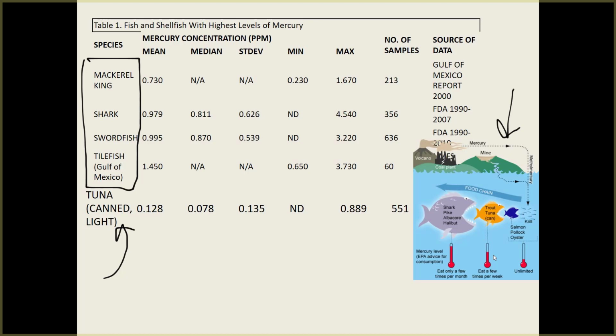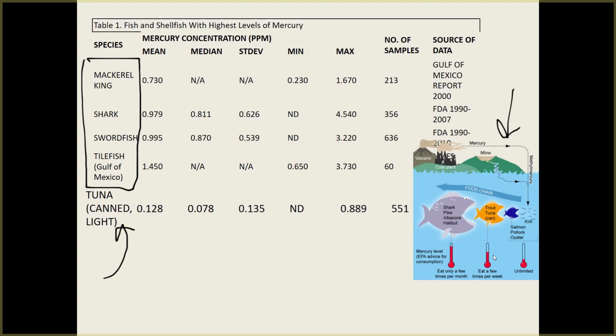For tuna fish, the recommendation is to only have a tuna fish sandwich maybe once a week. And if you have somebody you know that is pregnant, they should really limit how much tuna they have because they do not want to pass that mercury contamination on to their unborn baby.